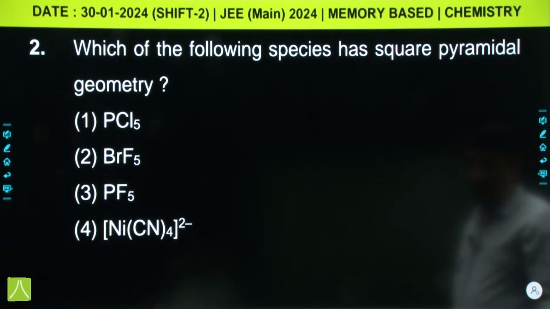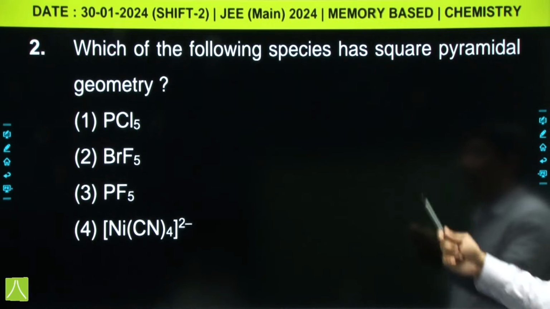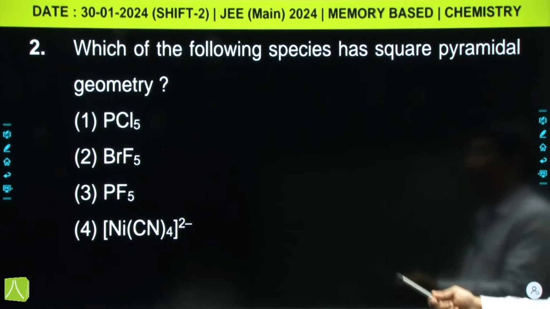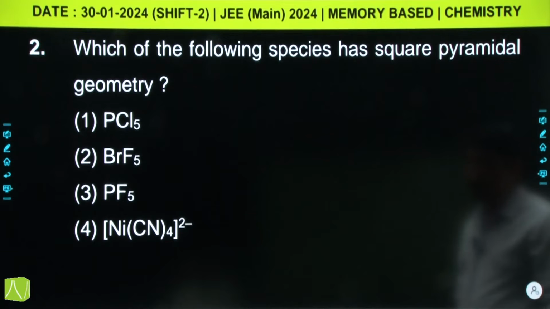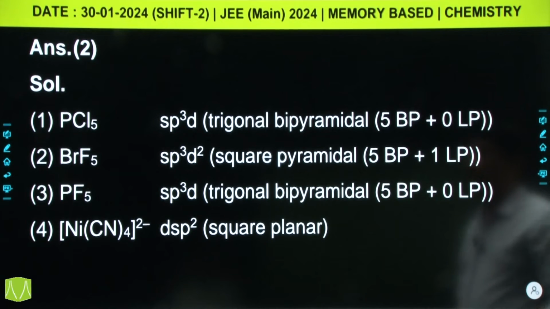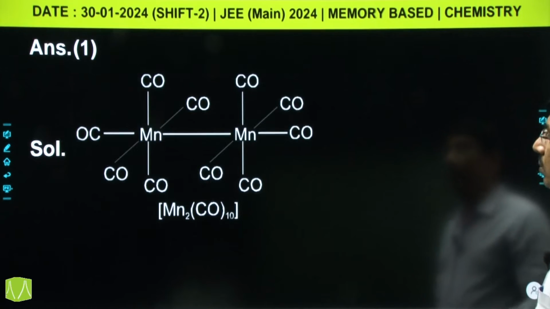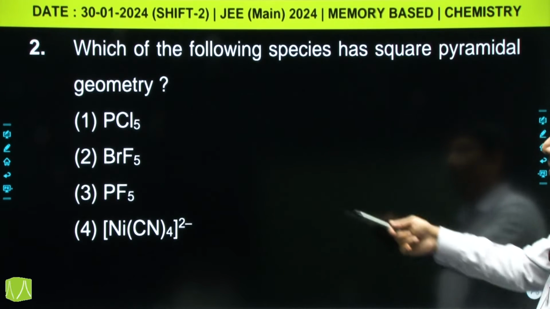Only BrF5 has square pyramidal geometry, and the remaining, PCl5 and PF5, have trigonal bipyramidal geometry, and nickel tetracyanide has square planar geometry. So, the answer is option 1, BrF5.